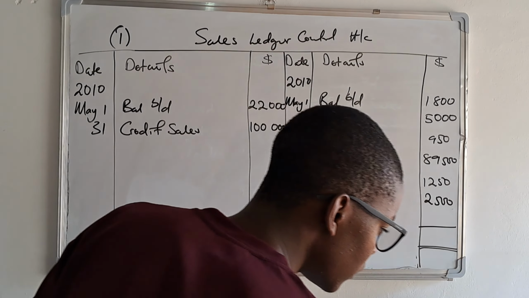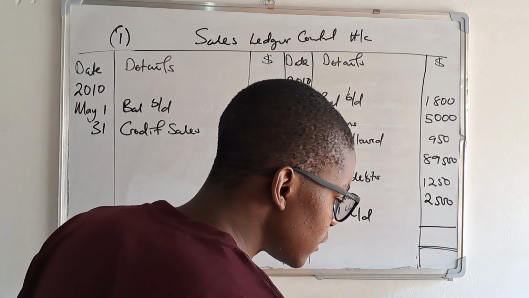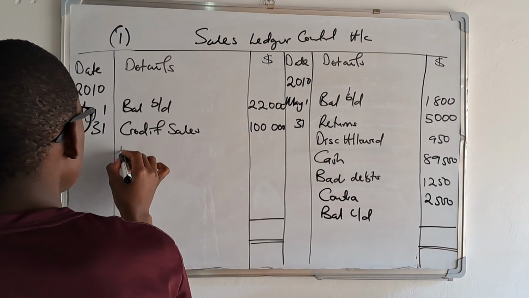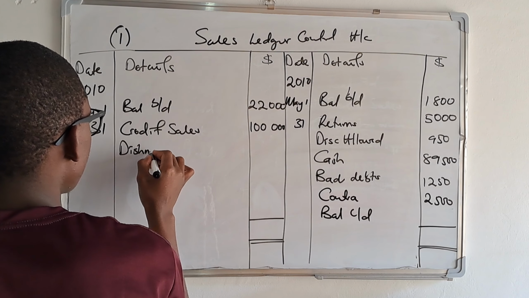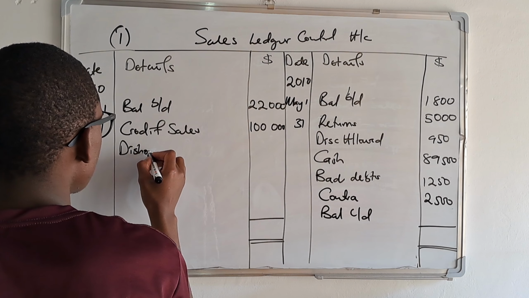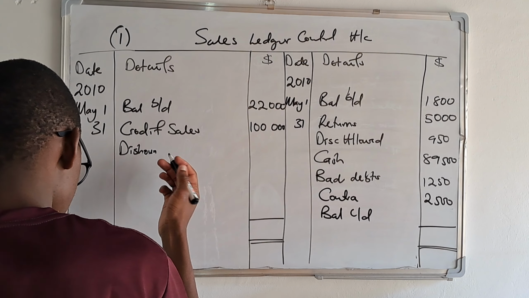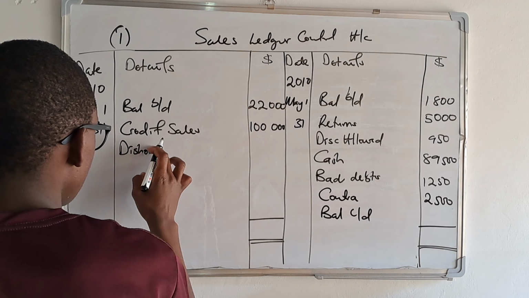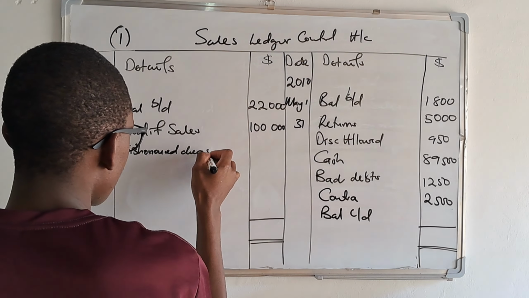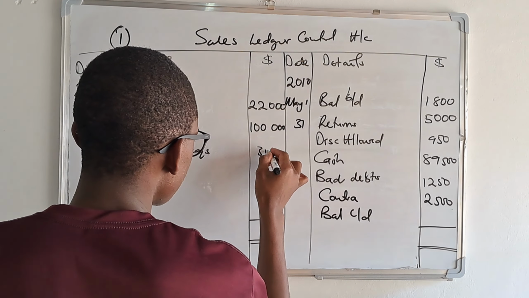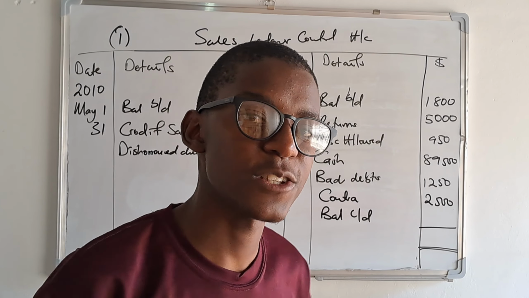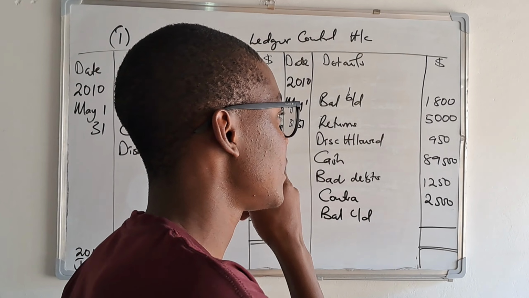I forgot to record the dishonored checks. Do you know the spelling? Dishonored checks of 3,000. I actually missed it out. Make sure in an examination you don't make the same mistake as I have done here.